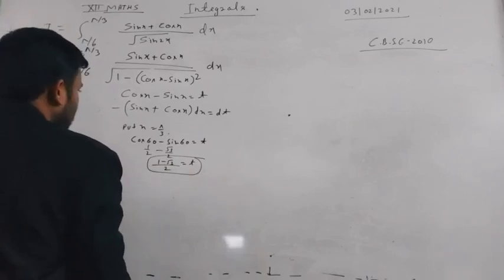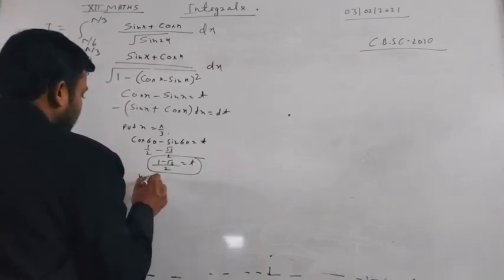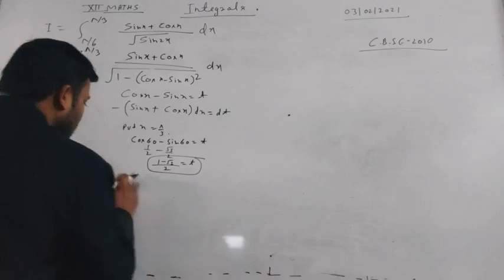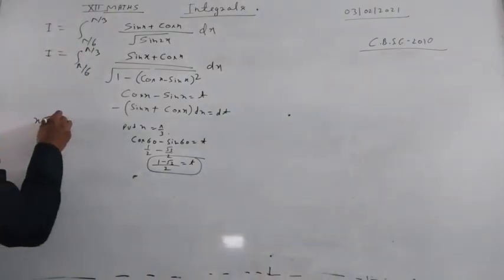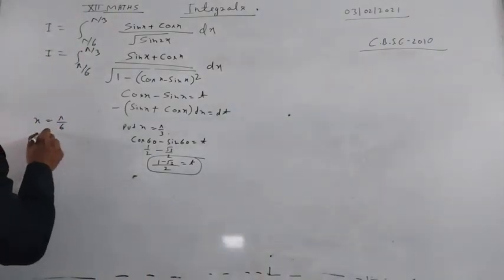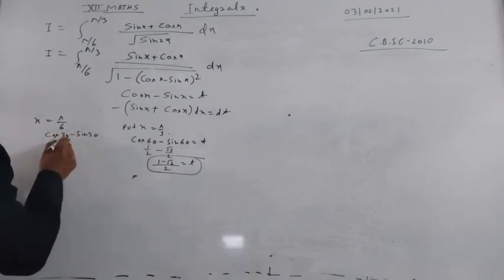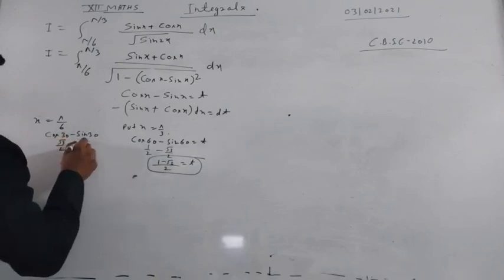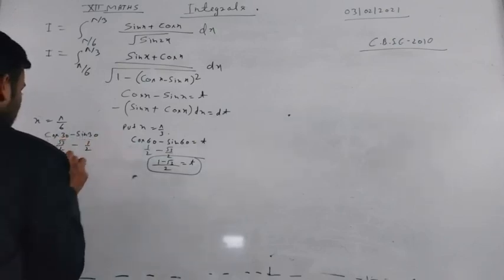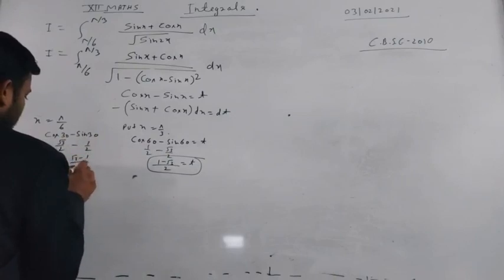Okay, friends, so this is our upper limit, and when we write x is pi by 6, this is cos 30 minus sin 30, so this is root 3 by 2 minus 1 by 2, so root 3 minus 1 by 2.